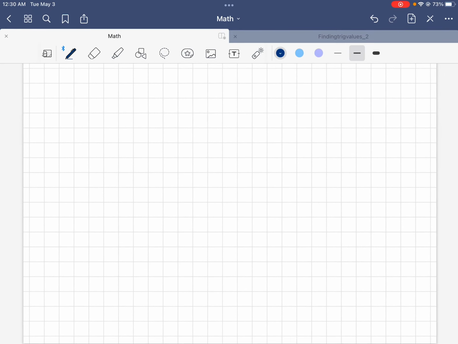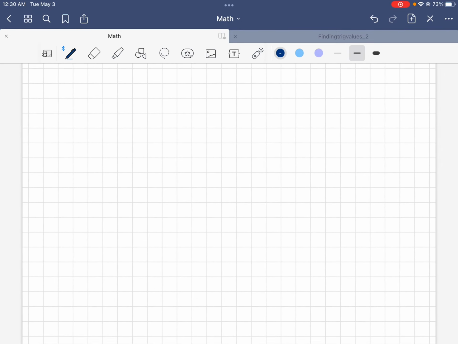Let's say if it asks you to find sine inverse of square root of 2 over 2, it's basically asking, wait, hold on. Should I put this in another video?